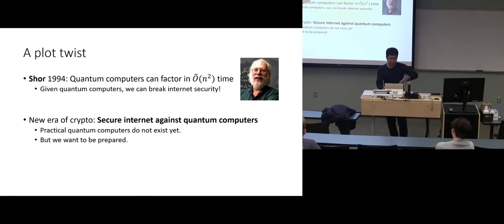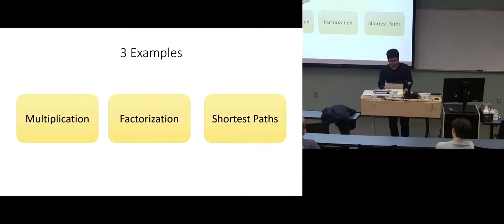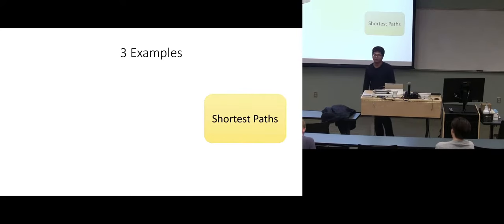So this really sparked a new era of crypto, trying to get secure internet against quantum computers. A practical one doesn't exist yet, but we want to be prepared for it. Okay. So that's the second example. Let's go to the next one.